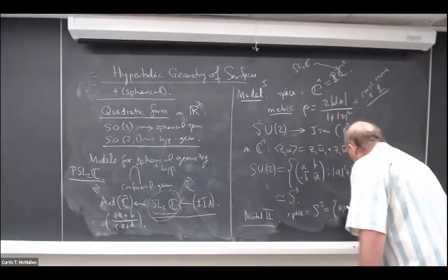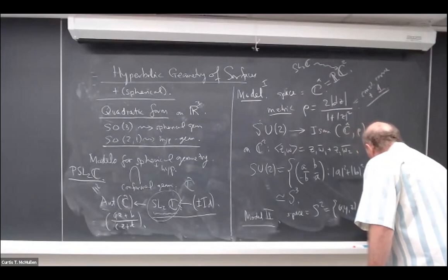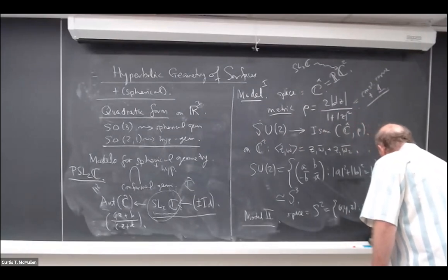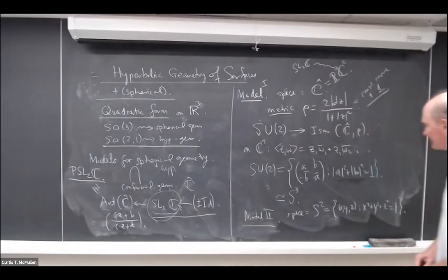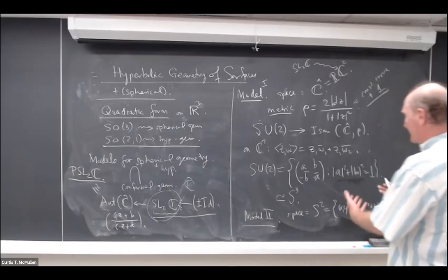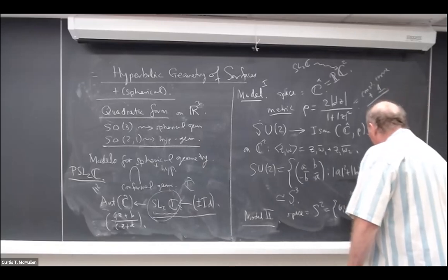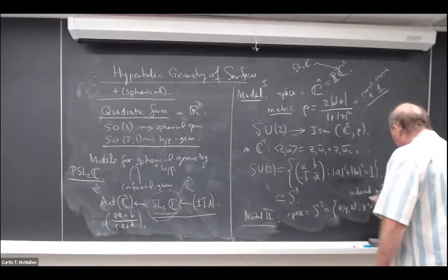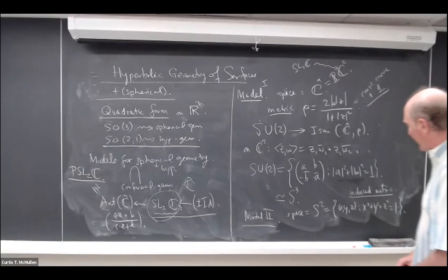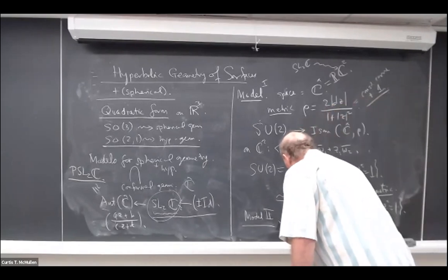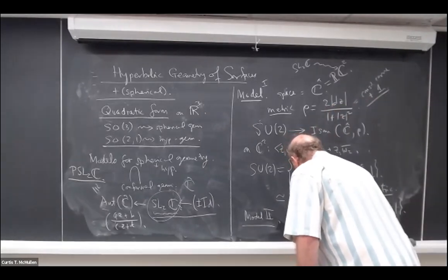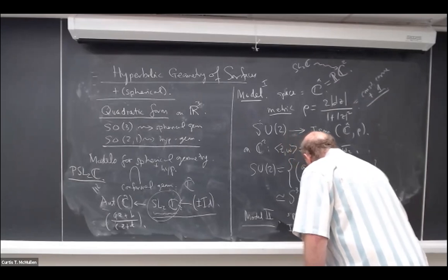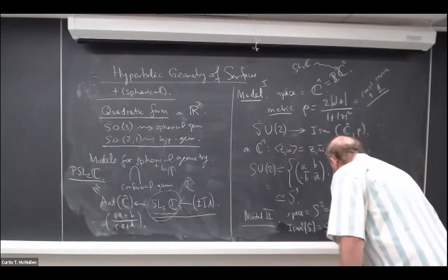So it's the set of x, y, z, with x squared plus y squared plus z squared equals 1. And then its metric is the induced metric from R3. And finally, the isometry group, at least if we require that orientations are preserved, is this group SO3.